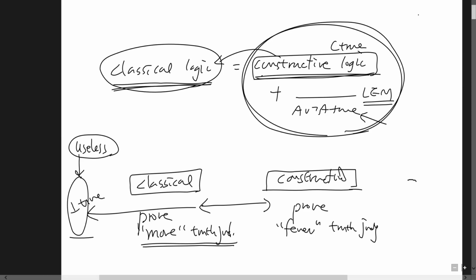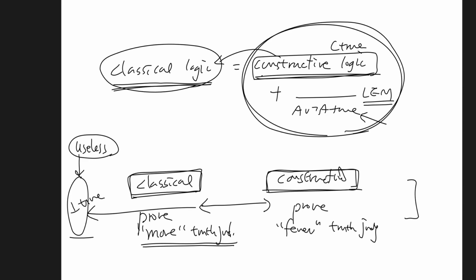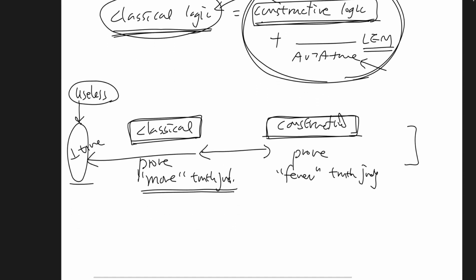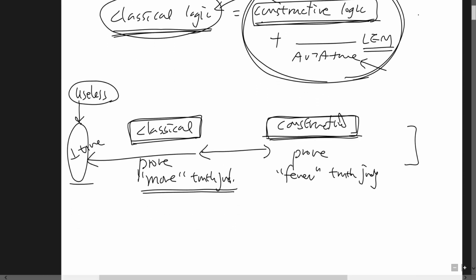So from this spectrum, we can anticipate that constructive logic is perhaps more powerful, or more expressive, than classical logic. And in fact, constructive logic is more powerful than classical logic because we can simulate classical logic within constructive logic.